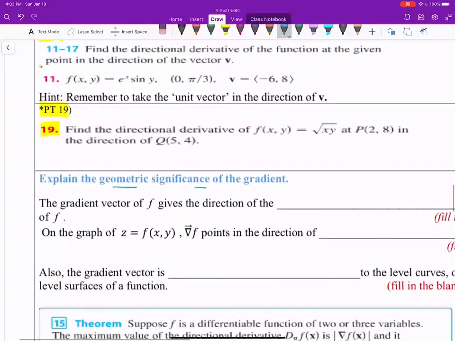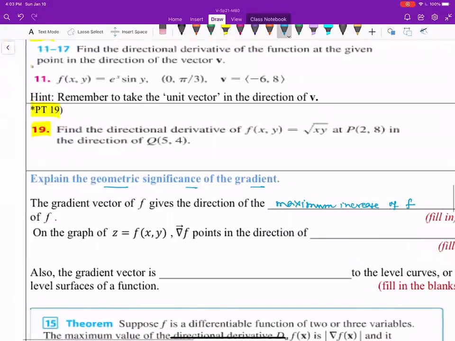Explain the geometric significance of the gradient vector. The gradient vector of f gives the direction of the maximum increase of f. The gradient vector of f, which is a vector, del f, gives the direction of the maximum increase of f.